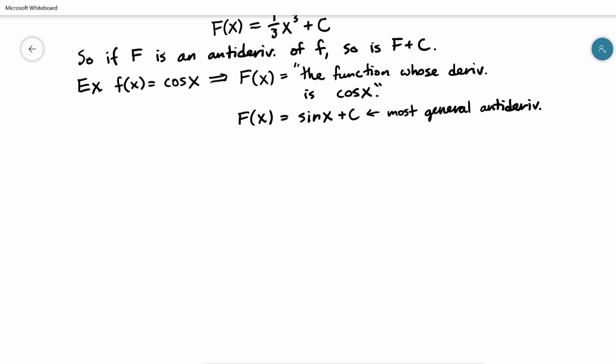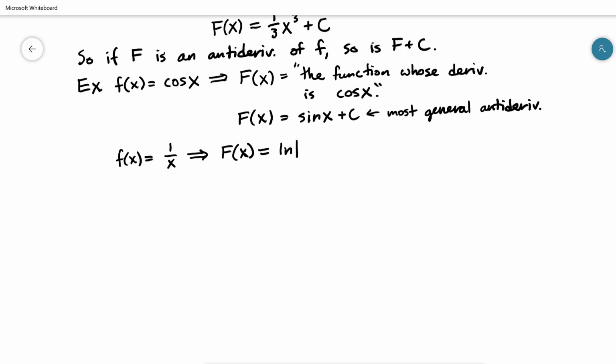So let's do another one. What if I give you f of x equals 1 over x? Can we recognize the function whose derivative is 1 over x? So again, this is just a question of how well do we have these pairings down. And the most general function whose derivative is 1 over x is the natural log of x.